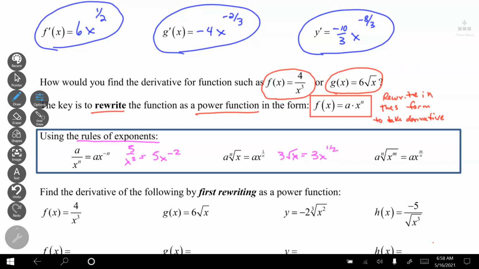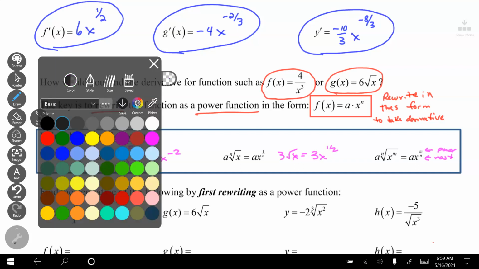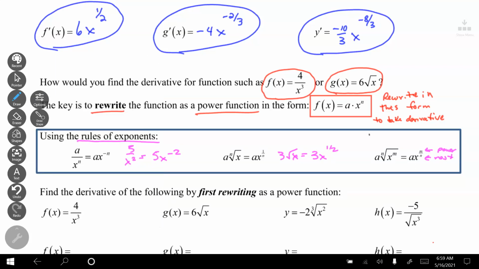And when we have powers and roots, the numerator is the power, the denominator is the root. So if I had something like 4 cube root of x squared, it becomes 4x to the 2/3. Okay, so things like that.